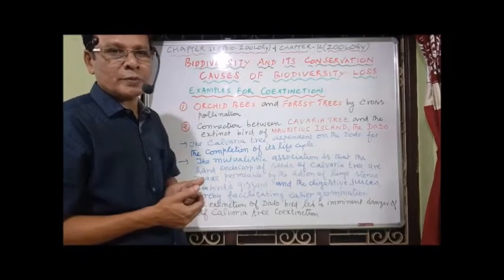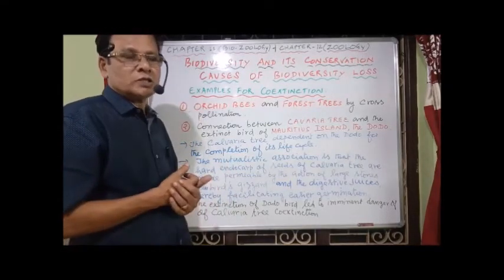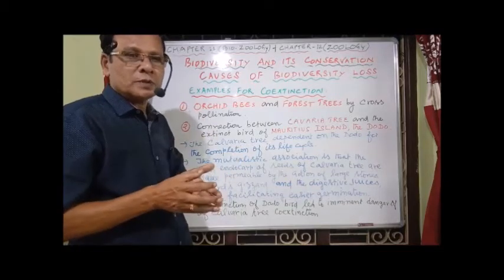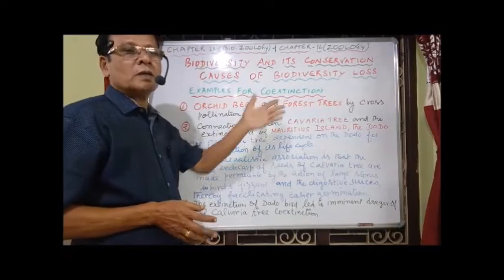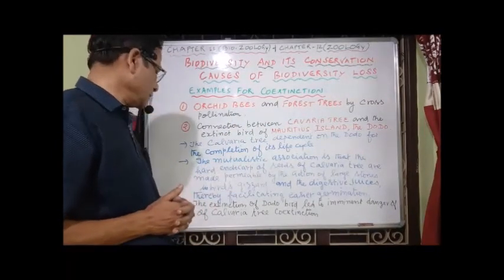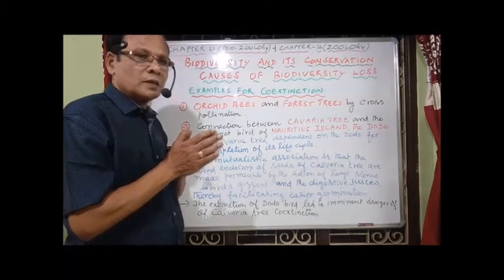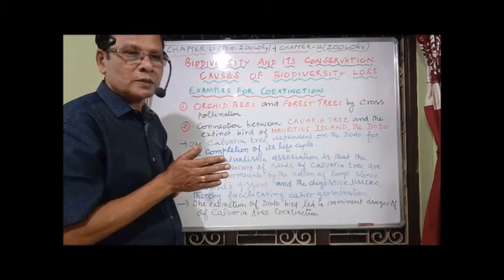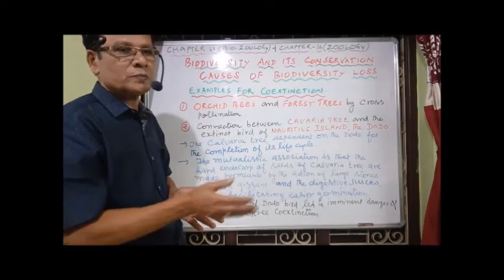So seed germination becomes easier because of the breaking of the hard endocarp with the help of the stones and the digestive juices. When the dodo bird goes extinct, ultimately the plant will also become extinct. That is called the co-extinction of the trees.